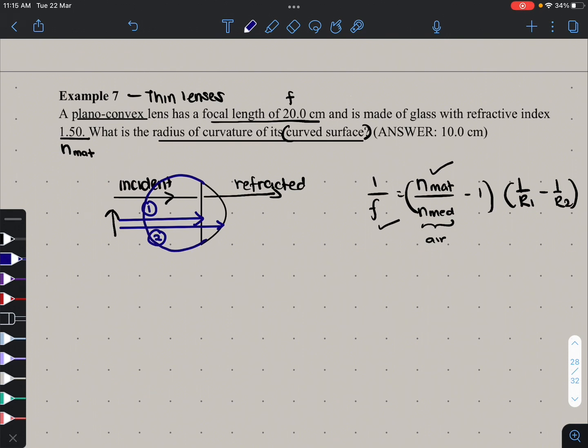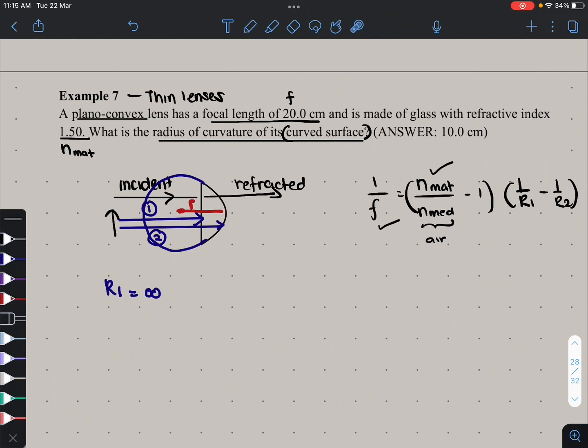So for that, our R1, the first surface, since it is flat, is infinity. R2, the radius of this curved surface, is this, my R.